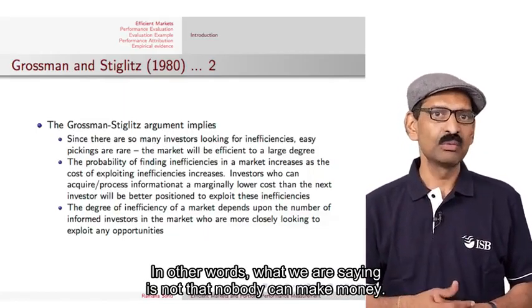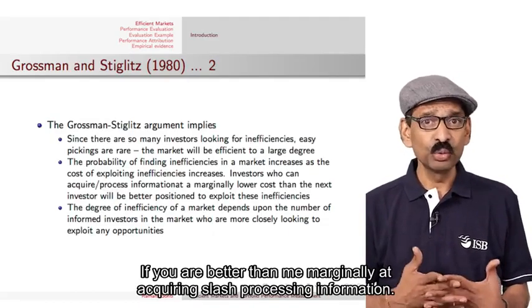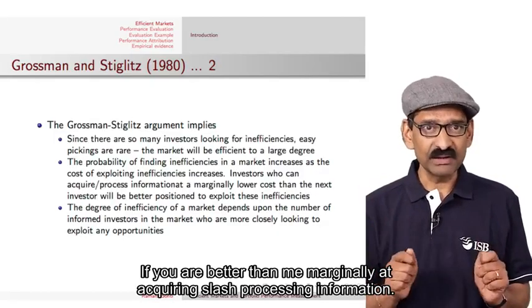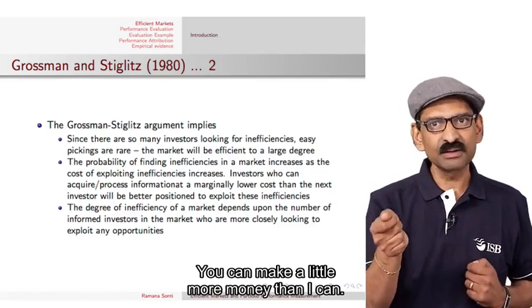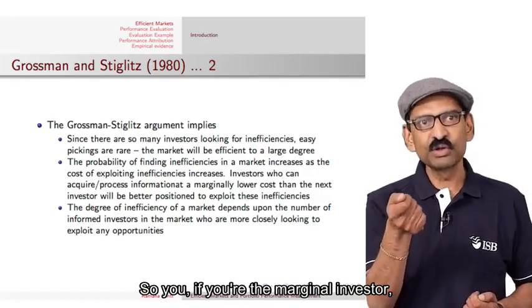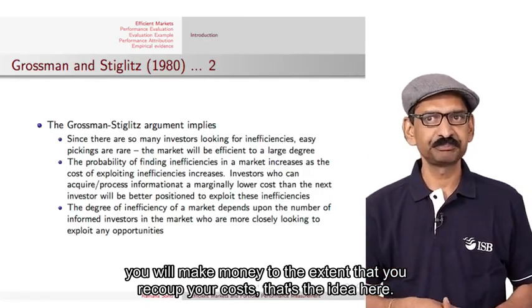In other words, what we are saying is not that nobody can make money. If you are better than me marginally at acquiring and processing information, you can make a little more money than I can. So if you are the marginal investor, you will make money to the extent that you recoup your costs. That's the idea here.